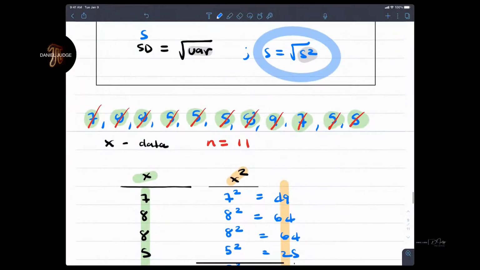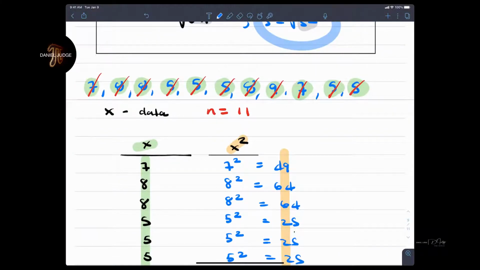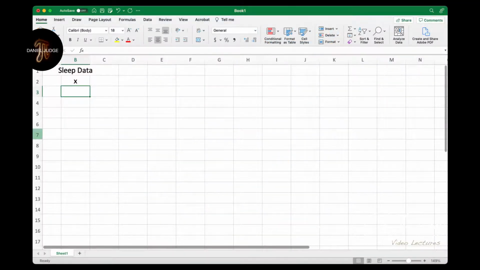So in Microsoft, I'm going to put these data values there and enter them. 7, 8, 8, 3 5s, 8, 9, 7, 5, and 5. Okay? This is the sleep data.